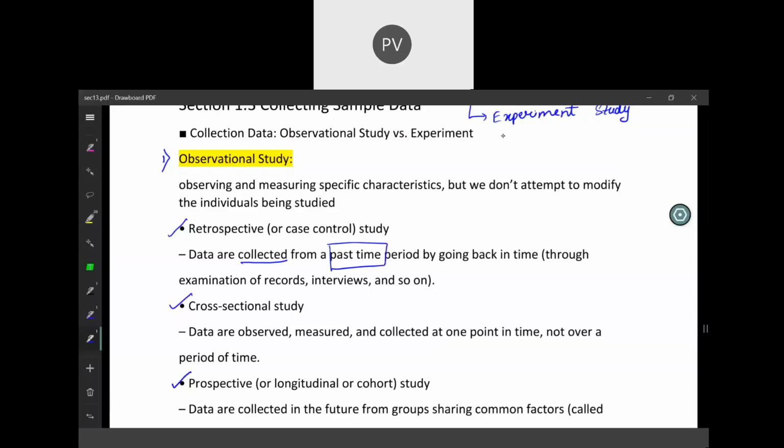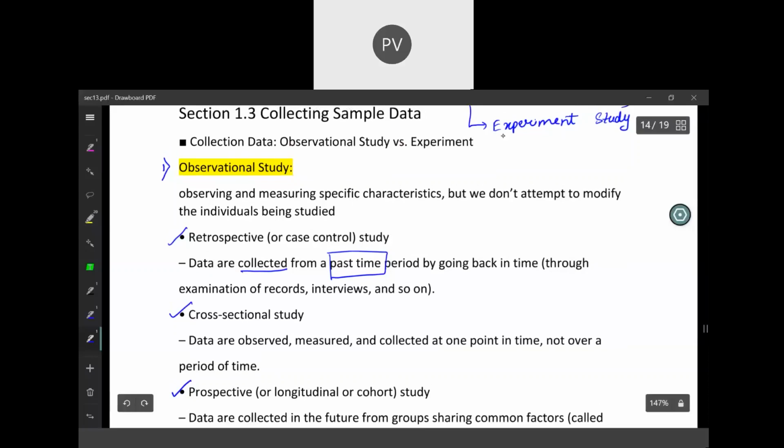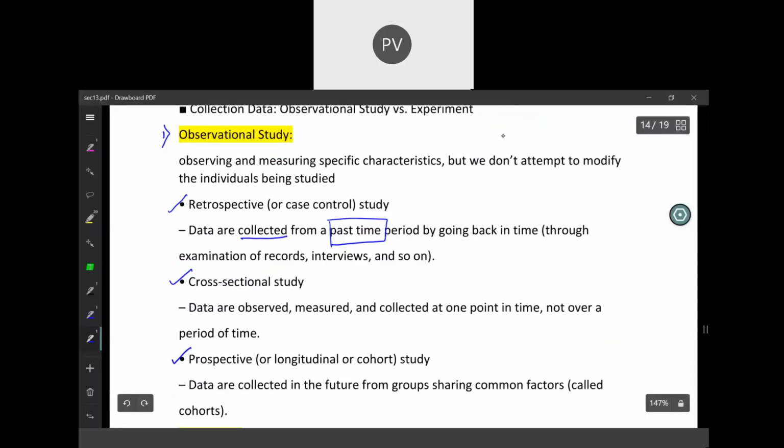For example, in our class, we have the recorded lecture, right? During exams, you go back to the recorded lectures and you do the data collection from that recorded lecture. That is nothing but collecting data from the past time period, right? So that will be called retrospective study.